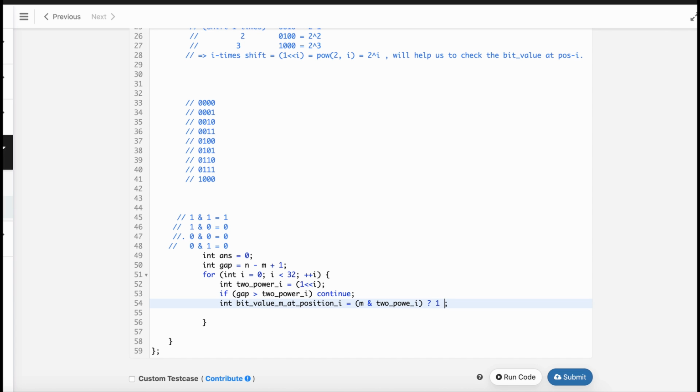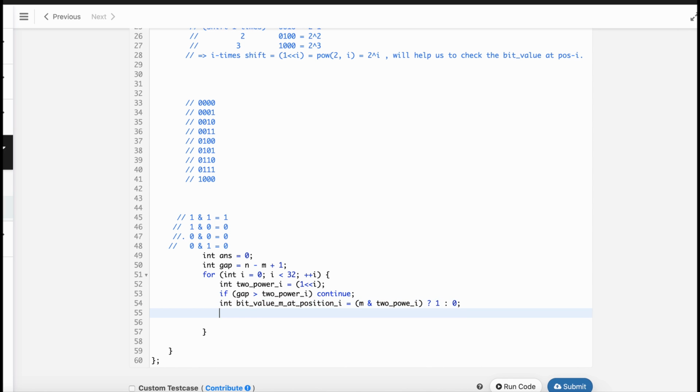We will do the same thing for the bit value of n at position I, which is the same thing with 2 to the power I. If we get some value, then it's 1, otherwise 0.